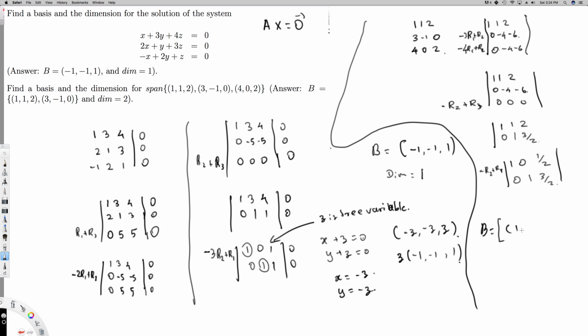So this is going to be 1 1 2 and 3 minus 1 0. That is my basis, and they are also asking for the dimension. To find the dimension, it depends on how many linearly independent vectors we have. After we solve this Gauss Jordan, we know we have only two linearly independent vectors, therefore the dimension is equal to 2.